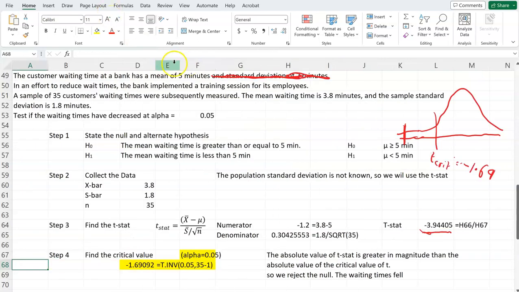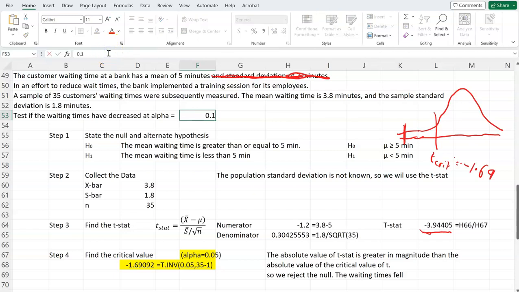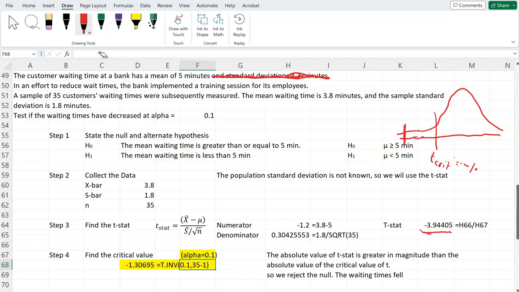Now again, if we were to do this at 0.1 or 10%, as we said before, everything else will remain the same. We just have to change the critical value, which is now for 0.1. And so my critical value will be 1.30. So again, this critical value will be updated to negative 1.30.